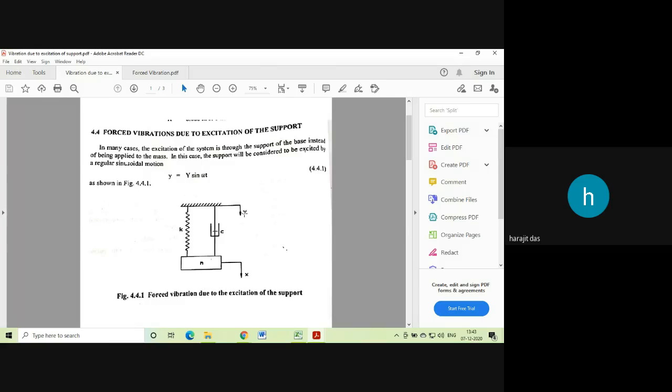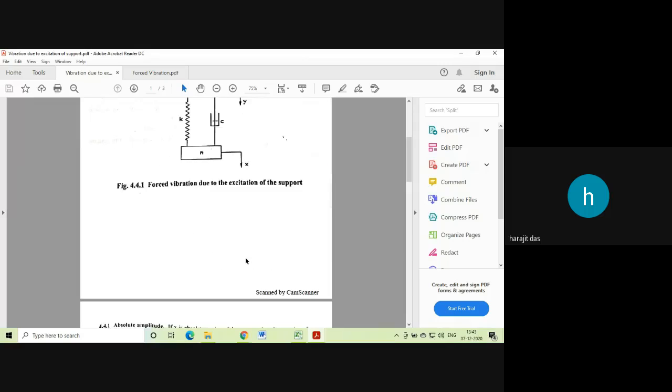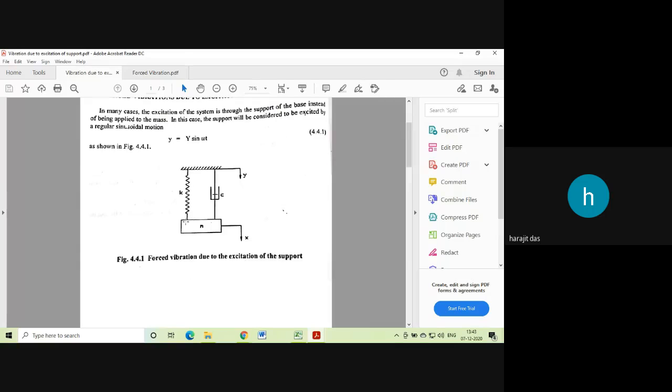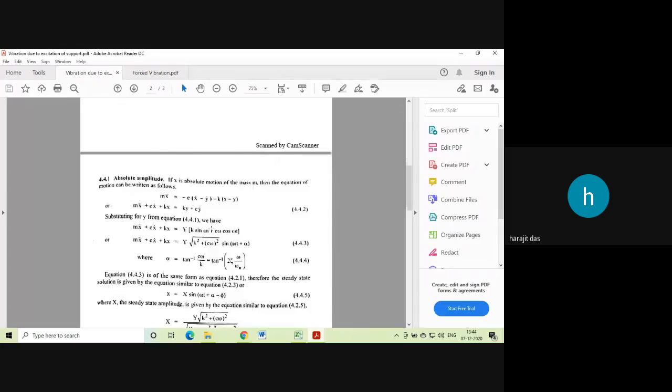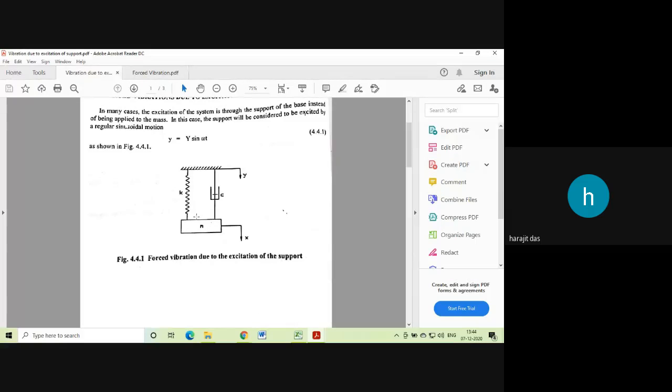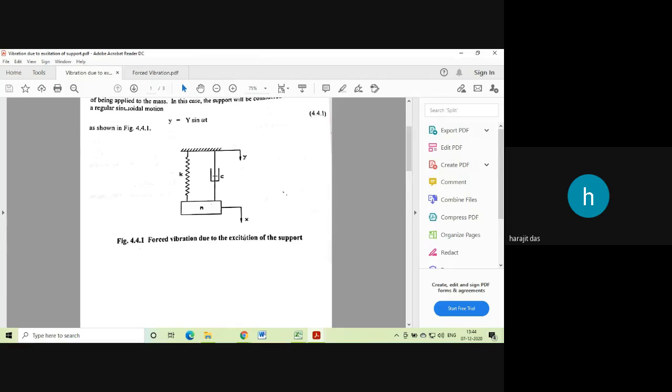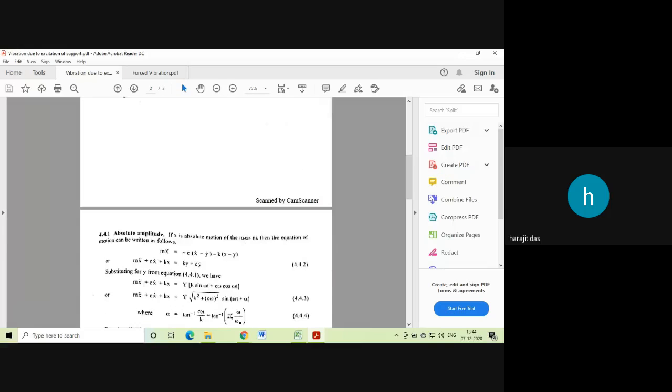Here this is the y, and here this is the x. Now we are going to find out what forces are acting on this mass. If you see, there will be a relative displacement because this is y and this is x. So we will be finding out the absolute amplitude.